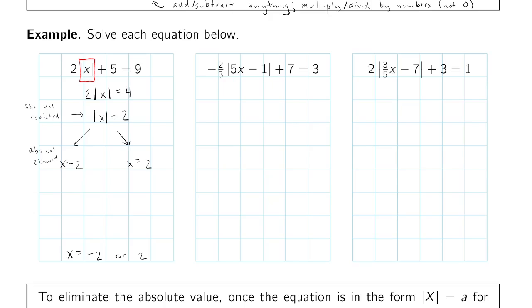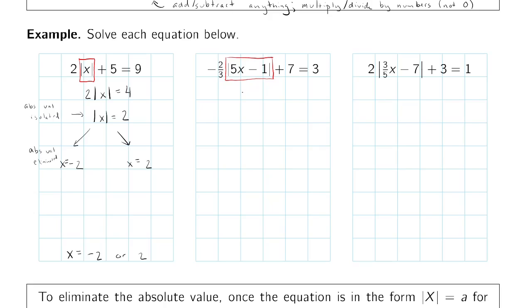Okay, let's see another example where we're going to have a little bit more to do after that stage. Here we have negative 2/3 times this absolute value plus 7. Again, we're going to start out by isolating this absolute value. We cannot touch the stuff inside the absolute value at this point.